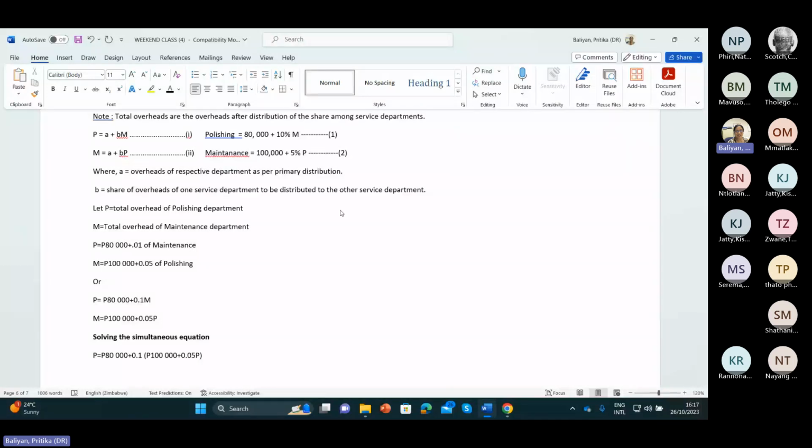I'm just doing it here. So P, meaning polishing, equals 80,000 plus 10%. If you are writing the 10% in simple form, 10% means 10 over 100. So when you say 10 over 100, it will give 0.1 M. So that is your equation 1.